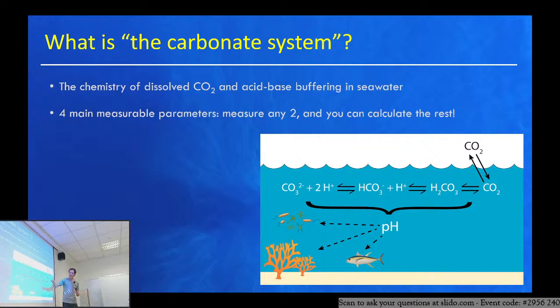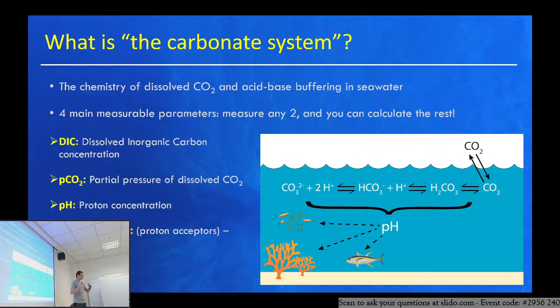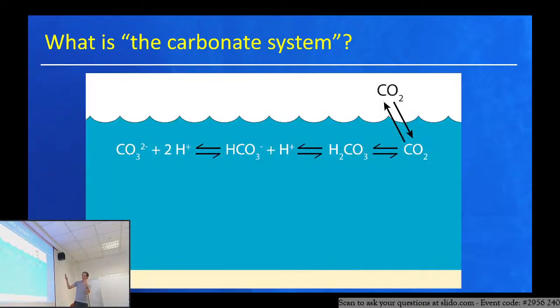By total alkalinity, we mean the difference between all of those species in seawater that can accept protons and react with protons, minus all of those that provide protons. If we blow up this equation a little larger, the PCO2 is this dissolved stuff in here.